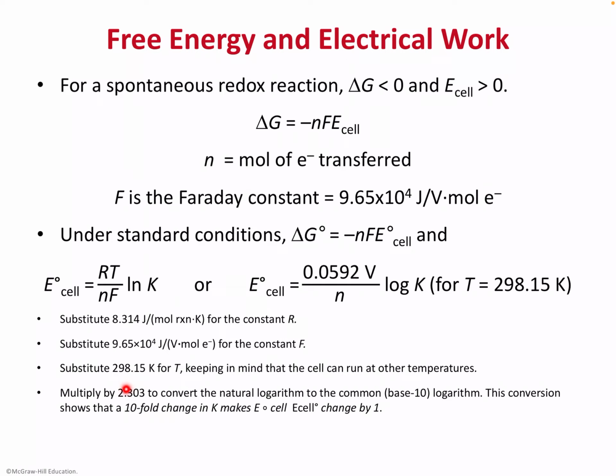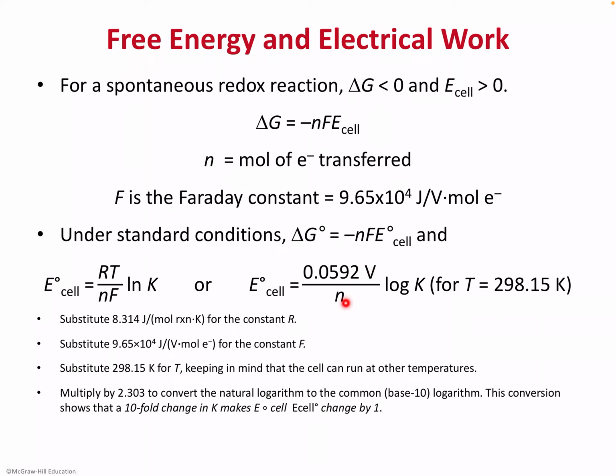And then once you get that, converting ln to log, multiply by 2.303 to convert the natural logarithm to common base 10 logarithm. This conversion shows that a 10-fold change in the equilibrium constant makes E naught cell change by a fixed amount. So when you put all these values here and multiply by 2.303 ln K, you can come up with this equation.